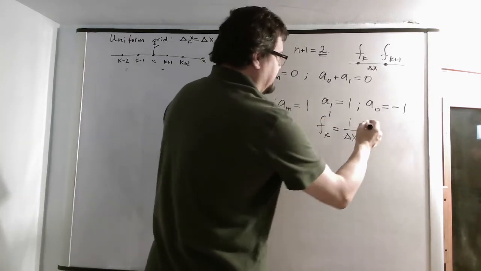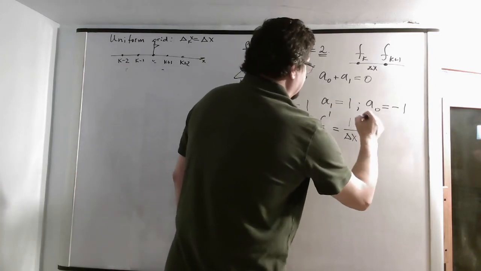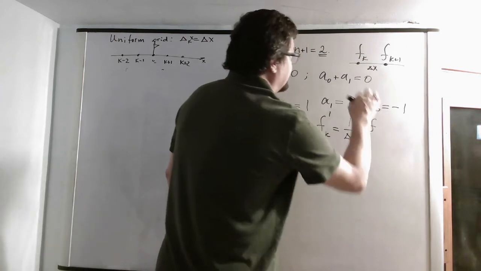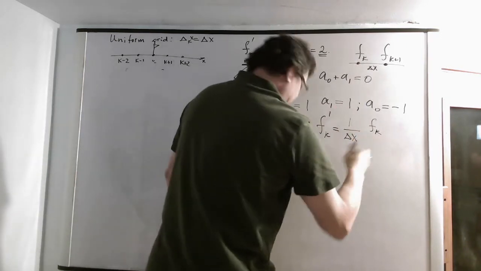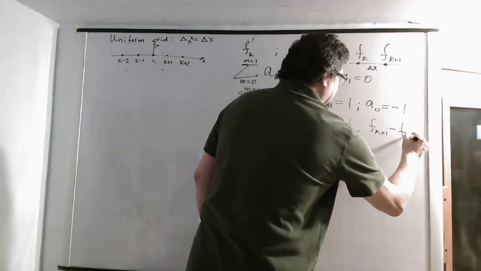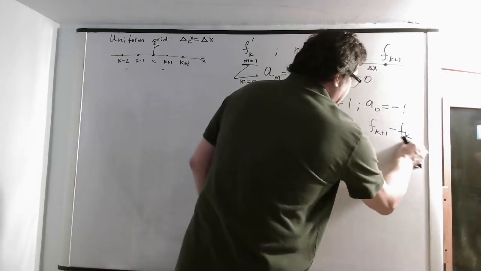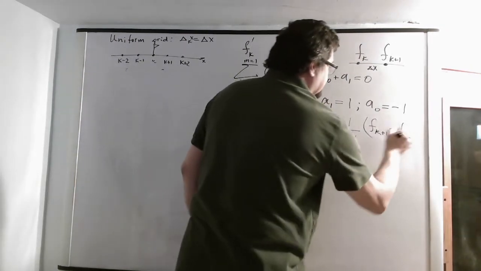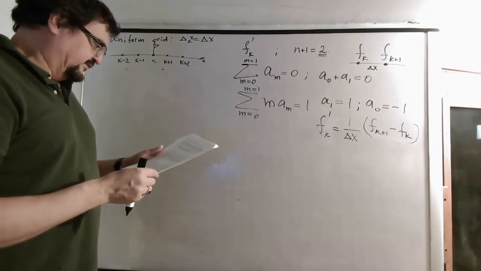And here you have these coefficients, so f0, which is fk, has a0, which is minus 1. So we just write it as fk plus 1 minus fk divided by delta x. It's exactly the same expression that we found for the first derivative.